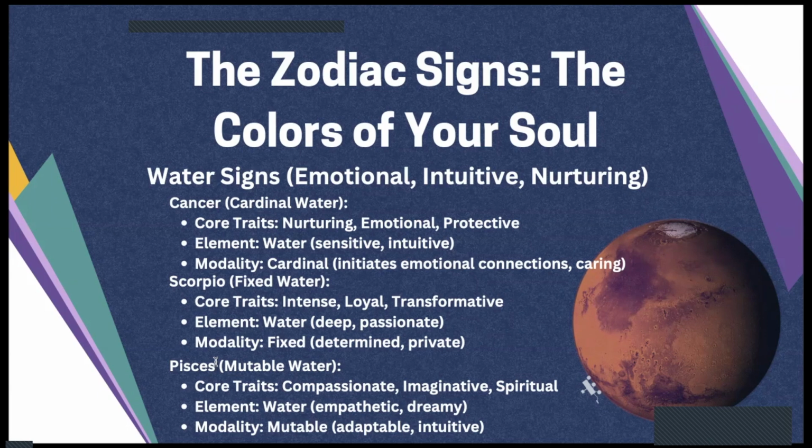That is Pisces. They are the go-with-the-flow, the mutable. See the way that their modality is expressed. The mutable is adaptive, intuitive, because they will go with the flow as long as it feels right to them, as long as their subconscious mind registers the moment as a moment of opportunity for them to go, right?